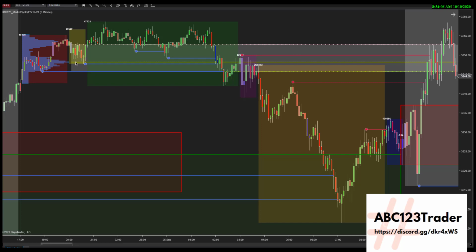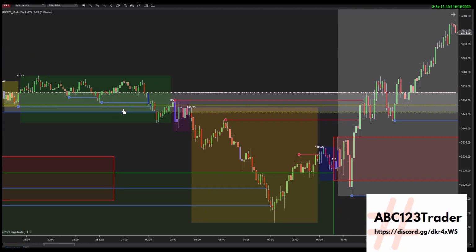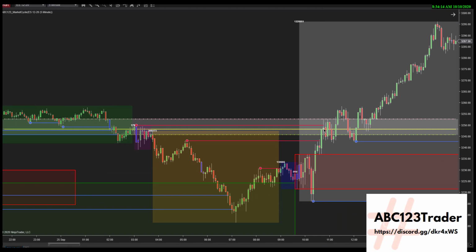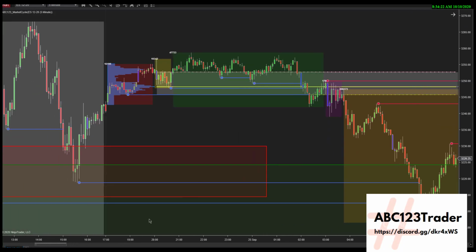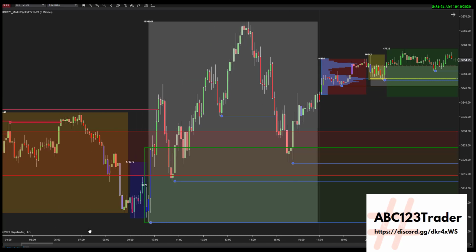So if you're in this zone, it's an area of support and resistance, and once you break the zone, you can take it to the buy side, or if you break below it, you take it to the sell side. Vice versa, day after day.